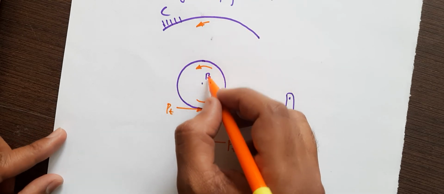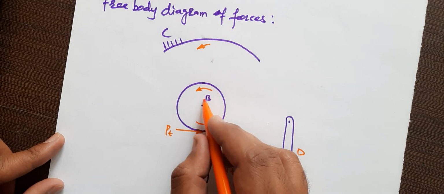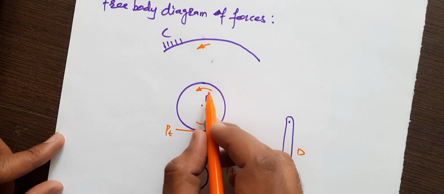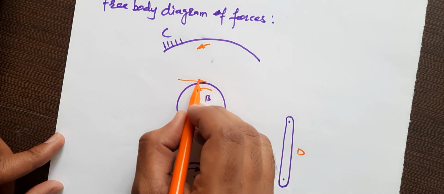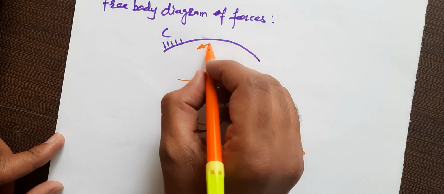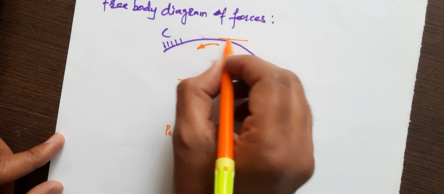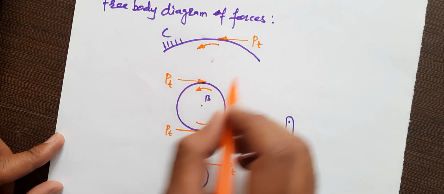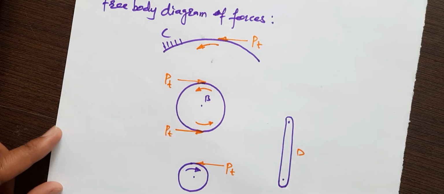Between B and C, B is the driving member and C is the driven member. So on B the tangential force opposes the rotation, and on C, which rotates anti-clockwise, it assists the rotation. So here PT, PT, PT and PT. The magnitude remains the same and this is the direction of the forces.